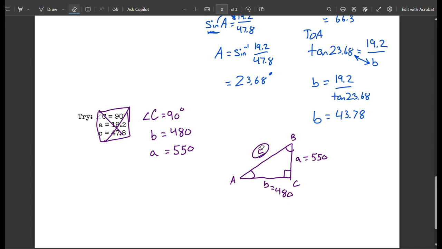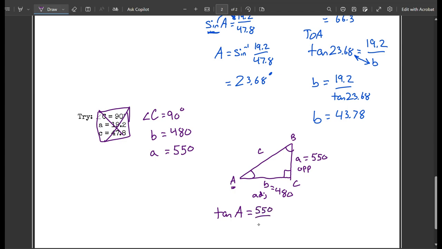Let's start by solving for angle A again. So we have our solve in reference to angle A, adjacent and opposite. Okay, so opposite and adjacent, that's going to be a TOA, so SOHCAHTOA. So tangent of A is equal to the opposite, 550, over the adjacent, 480.